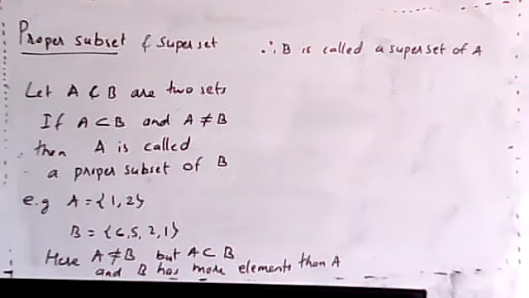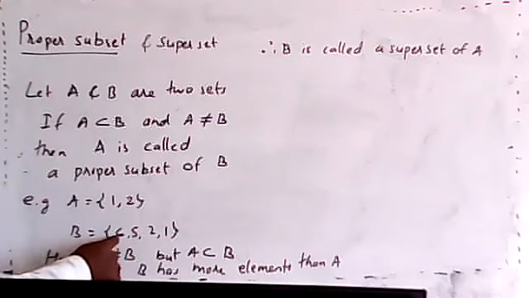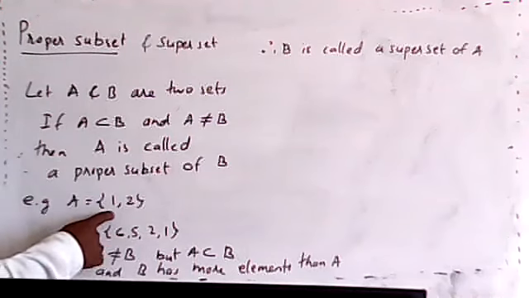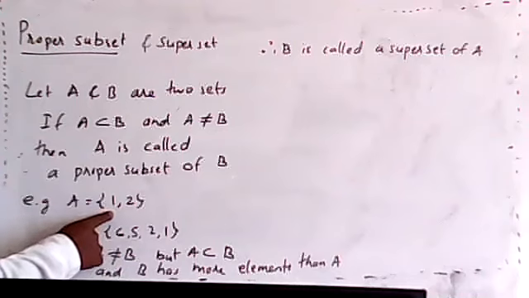If B has every element of set A and even more elements than A, see, here 1, 2 is there, here also 1, 2 is there, but few more elements are there in set B, 6 and 5. So it is a little larger in size also, and having every element of A, it is a superset of this, and this is a proper subset of that.